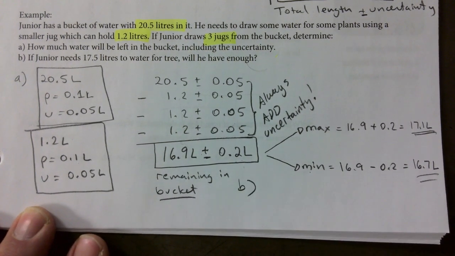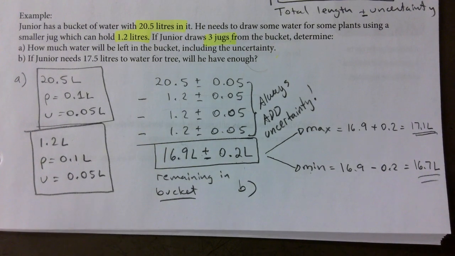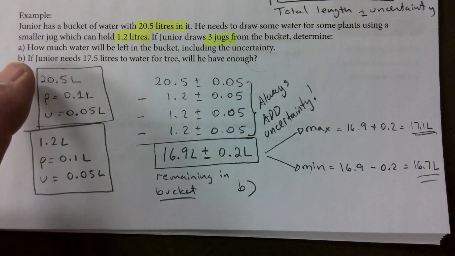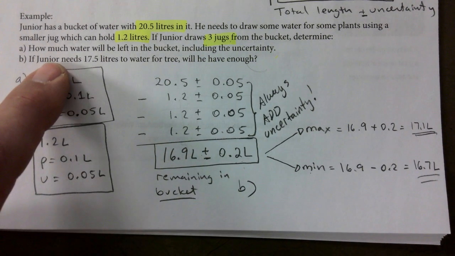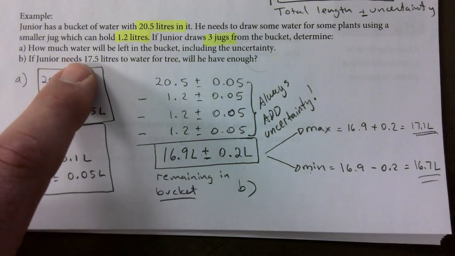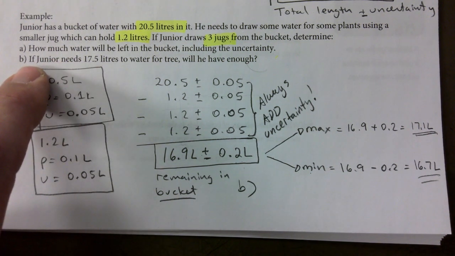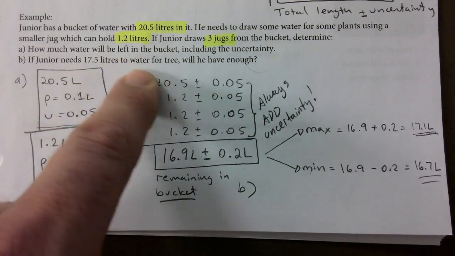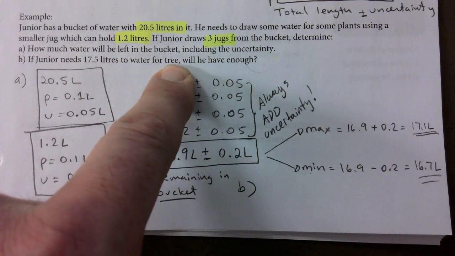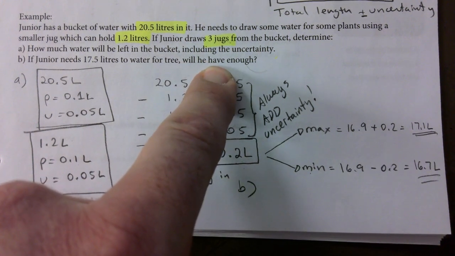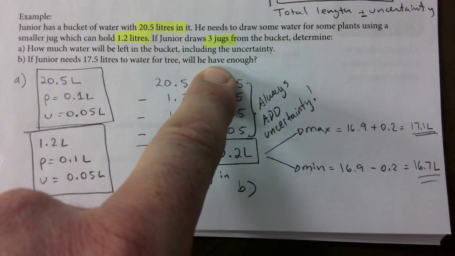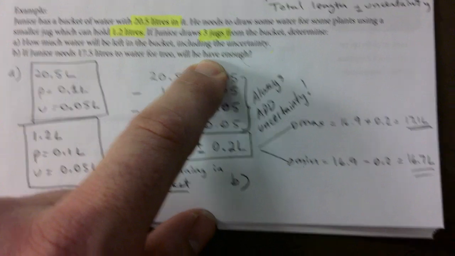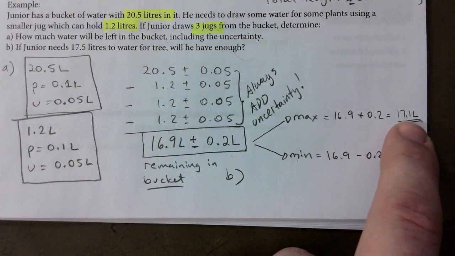So B, and then I'm done. And then you will work on this. If Junior still needs, that's what this is supposed to say. Let's say Junior watered the plants and still needs 17.5 liters to water a tree. Will you have enough water to water that? What's the maximum possible left?